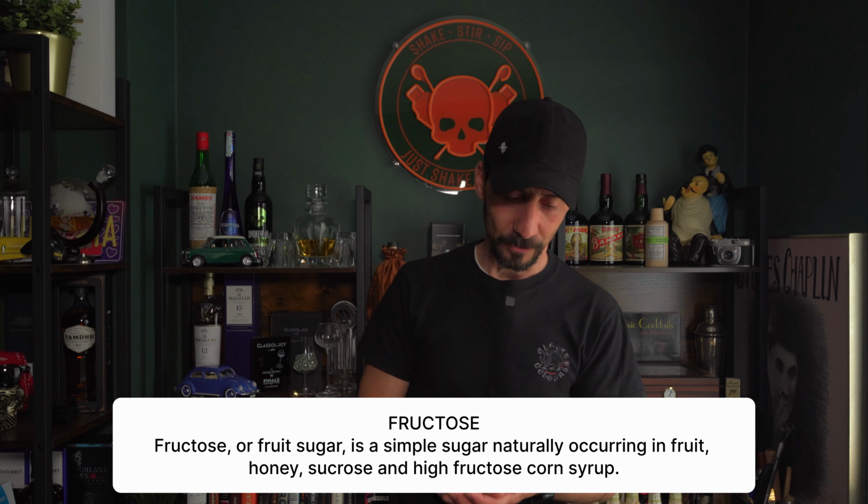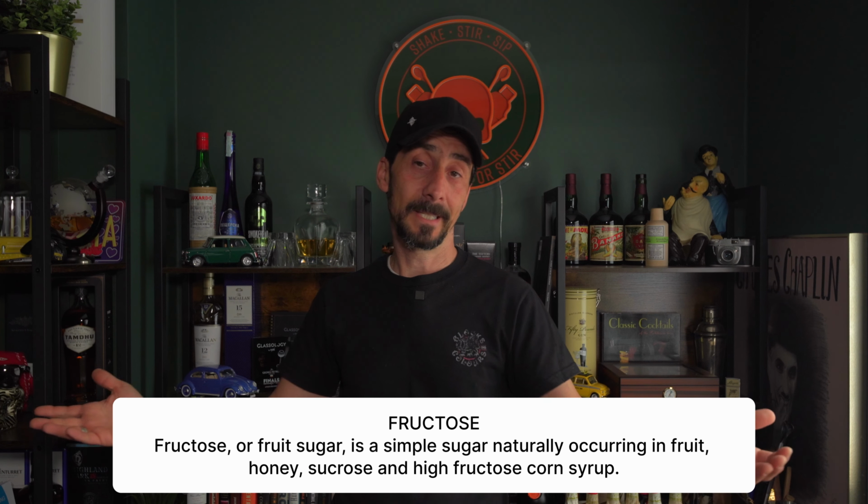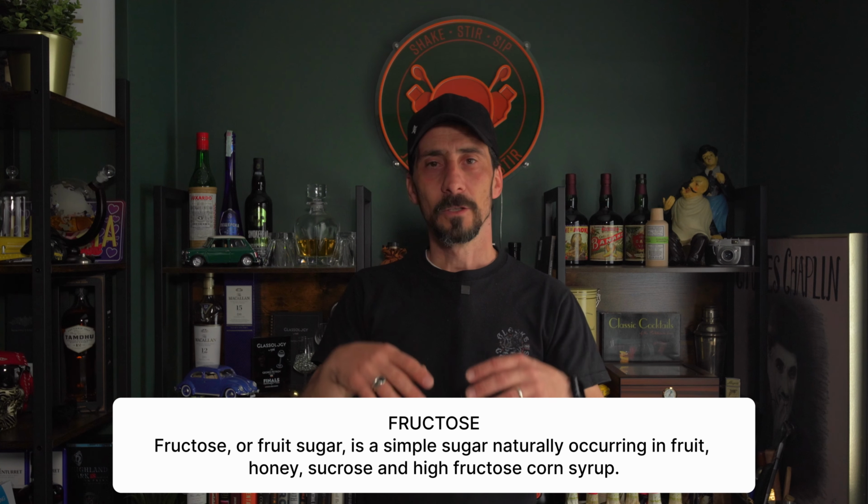Then you have the fructose. The fructose, as the name says, is coming from fruits. It's the natural sugar in fruits, and this is why, when I sometimes make syrups for myself, depending on the fruit, if it's naturally sweet, I may not add too much extra sugar.